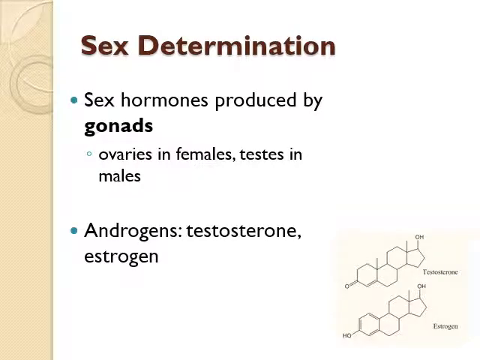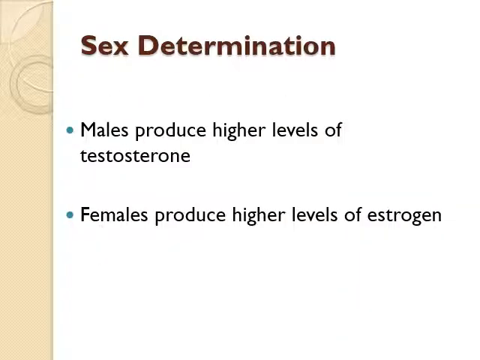Okay. And we produce either androgens like testosterone, or we can also produce estrogen. Right? Males and females obviously produce both, but males, you produce a higher level of testosterone. Females, you produce a higher level of estrogen. Again, you do have both, and we want these in check depending on which sex you are. You might have more or less of one or the other, but you do have both of these.